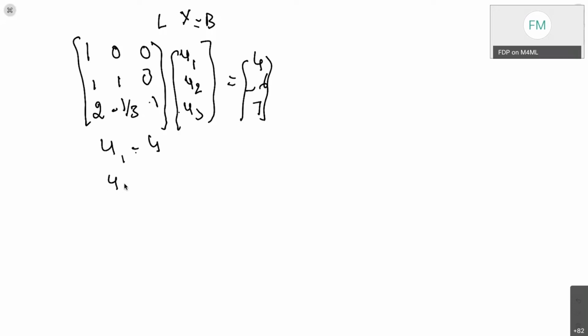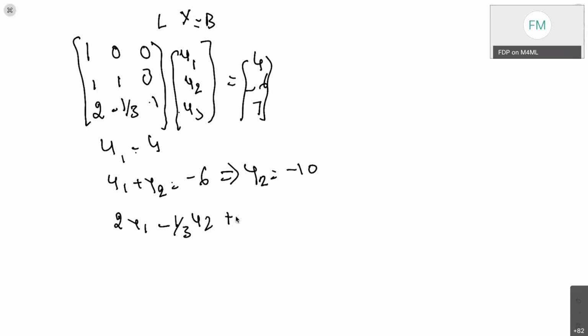Of course, y1 + y2 = minus 6, which gives you y2 = minus 10. Substituting this into 2y1 minus 1/3 y2 + y3 = 7, you will get y3 = minus 13/3. So we are trying to solve Ly = B.